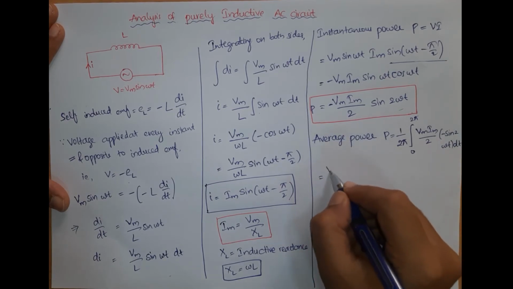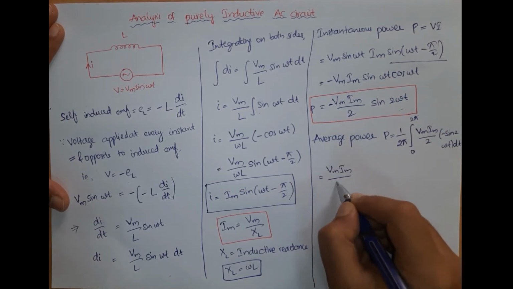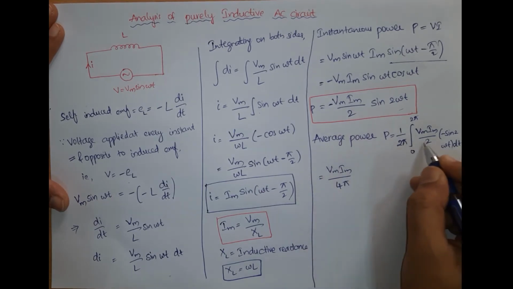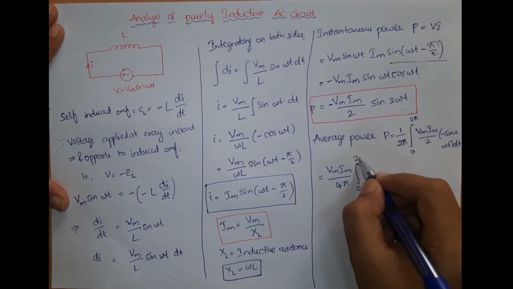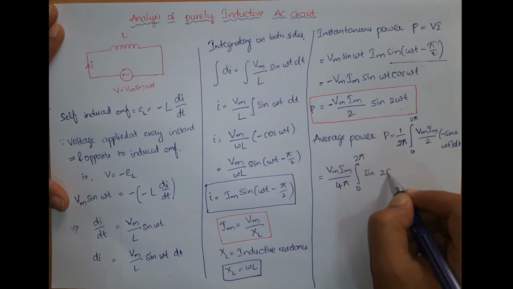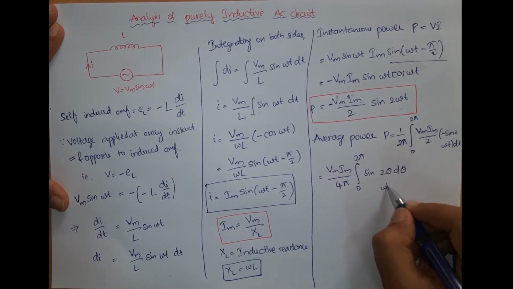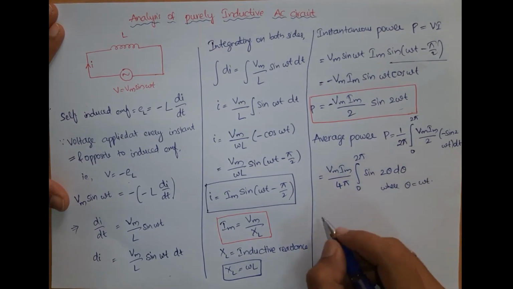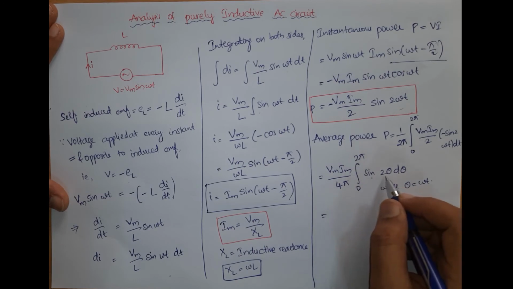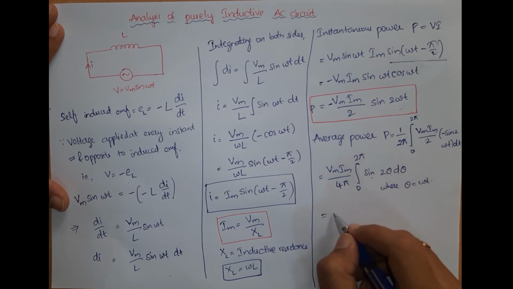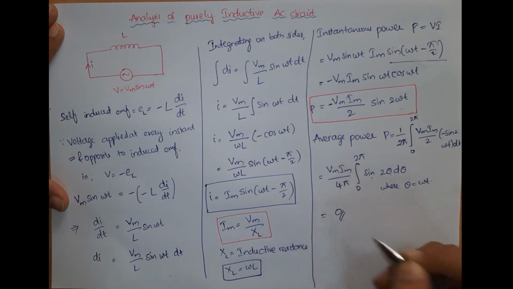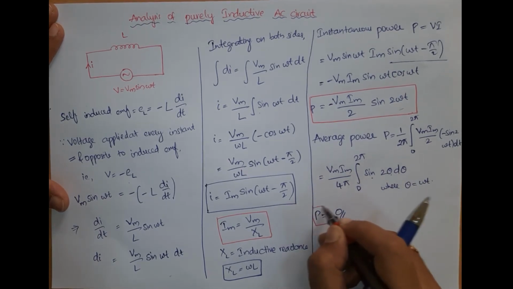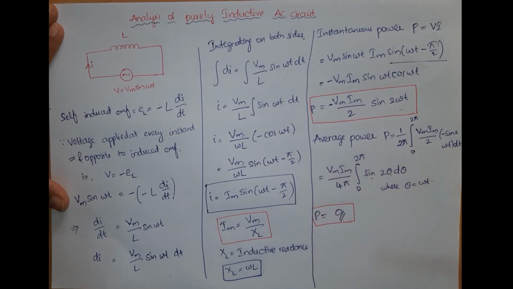So we will be getting Vm Im by 4 pi into integral from 0 to 2 pi of sin 2 theta d theta, where theta is omega t. The integral from 0 to 2 pi of sin 2 theta d theta is 0 finally. So the average power of a purely inductive circuit is 0.